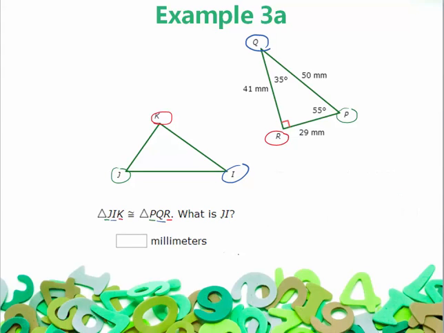In this case, we want to know what JI is. Notice here J goes from the green to the blue. We want to know what that segment is. So over here, I matched them up. J was matched to P, and I was matched to Q. So it's congruent to this side right here. So that tells me that JI, which is congruent to PQ, is also 50 millimeters, because that's what congruent means. So my answer is 50.